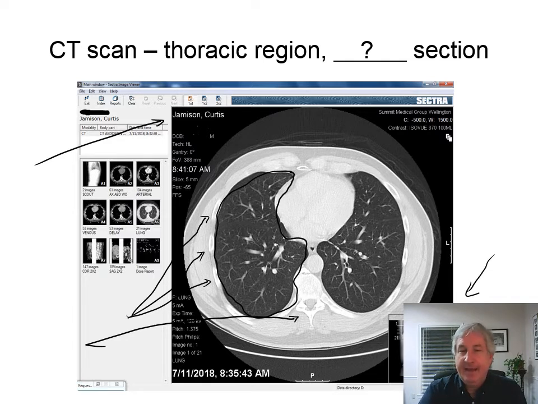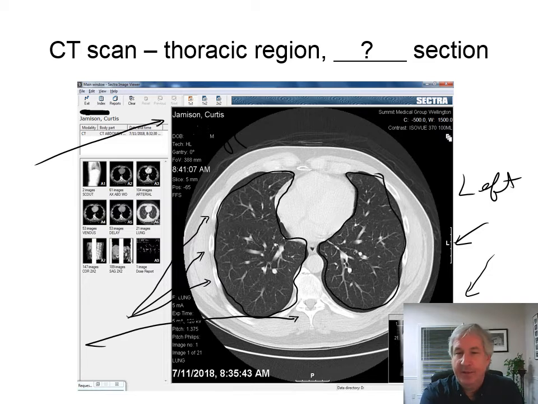Since you're looking at this from the patient's feet, that would be the right lung. So this is the right side here, and this is the left side. And conveniently, it's labeled right there, so you can see L over there. This would be the left lung here. And then right in the middle, that is going to be your heart.